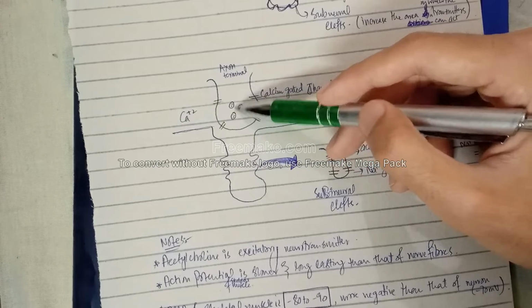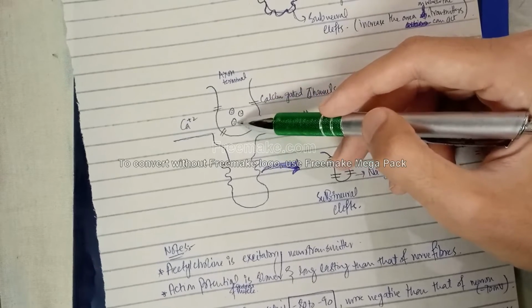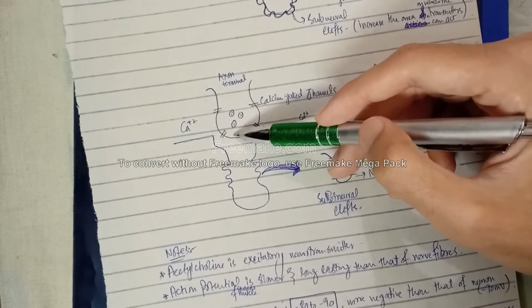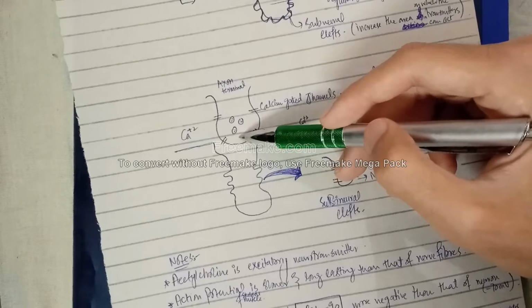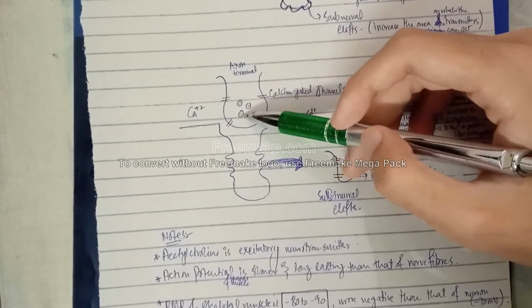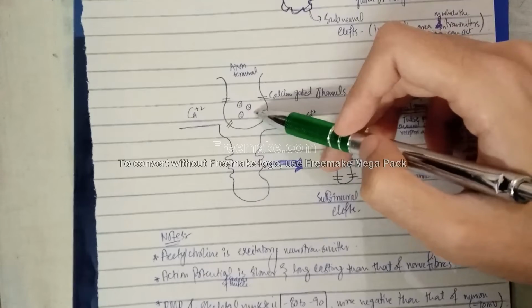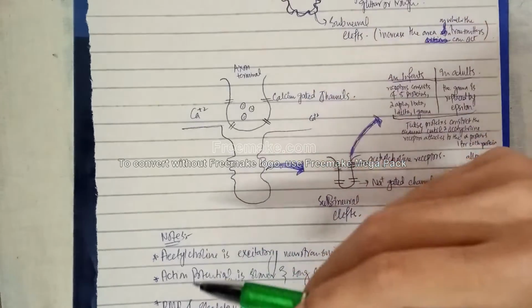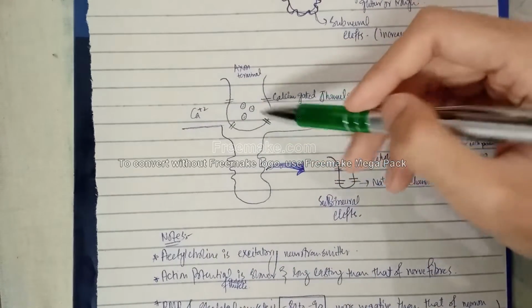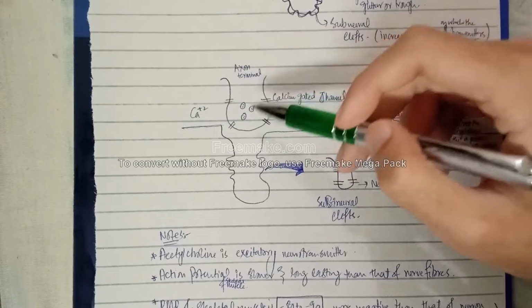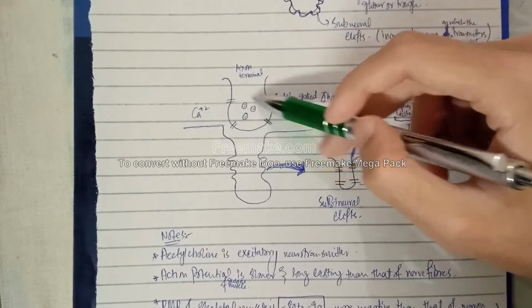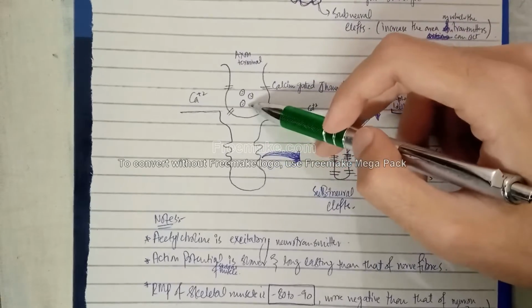Once the vesicles are free to move, they move towards the membrane of the axon terminal. The vesicles present here, which are bound by synapsin proteins, are called synaptic vesicles. They consist of a bunch of about 10,000 neurotransmitter molecules. Once the synapsin proteins are phosphorylated, the vesicles are free to go.